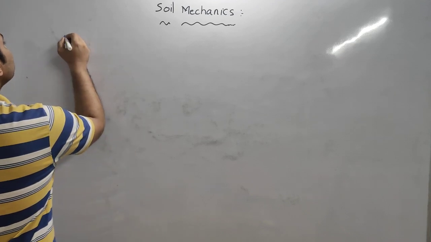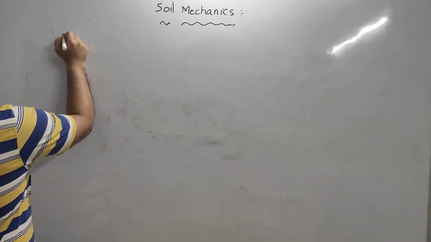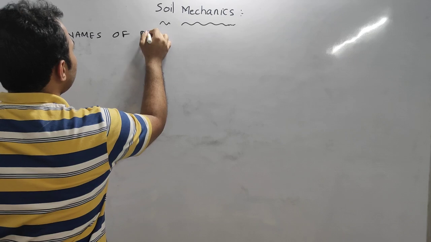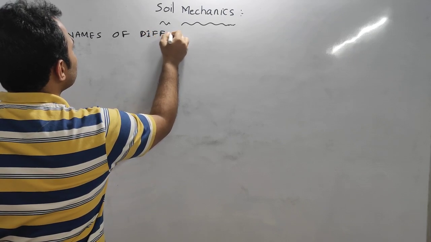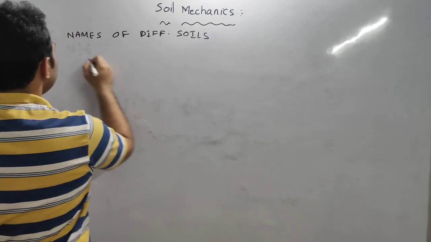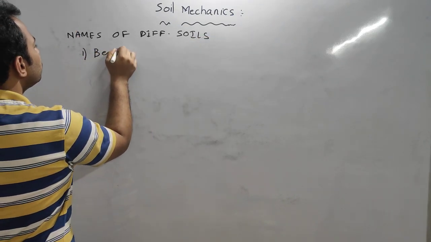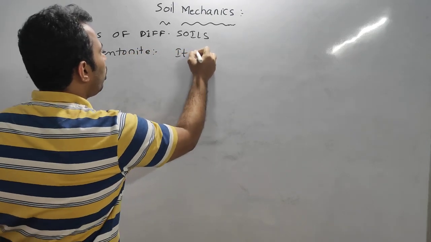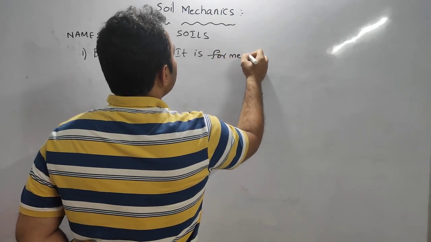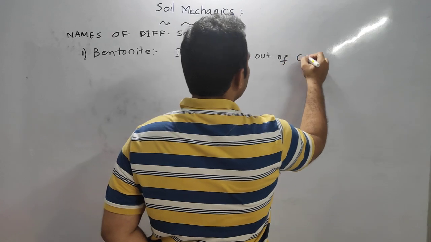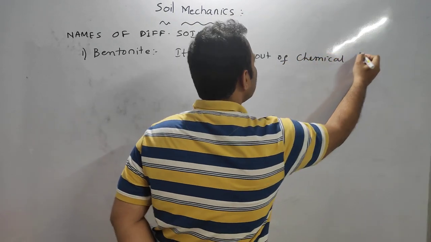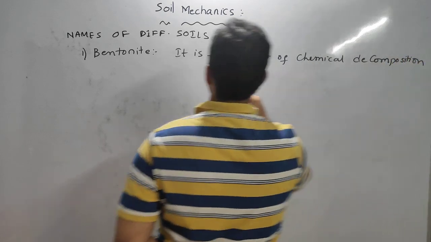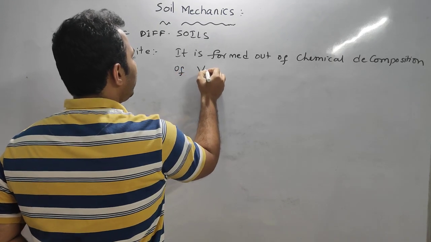Now, names of different soils. The first one is bentonite. Bentonite is formed out of chemical decomposition of volcanic ash.